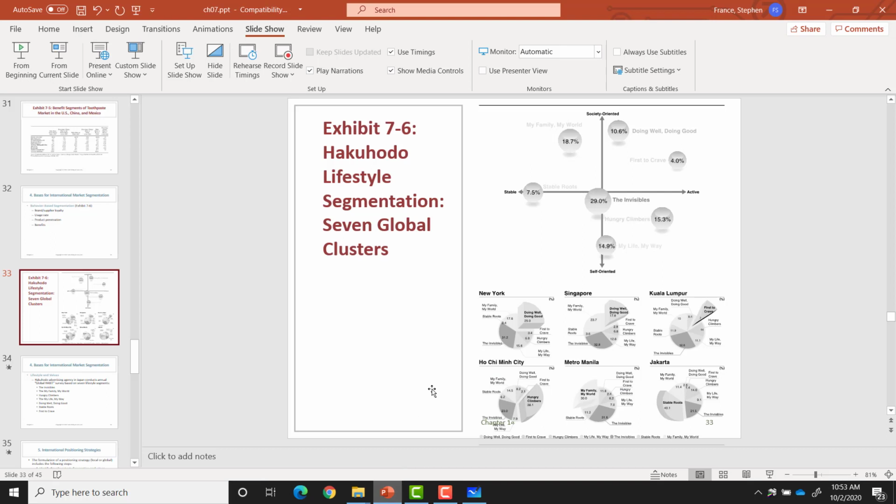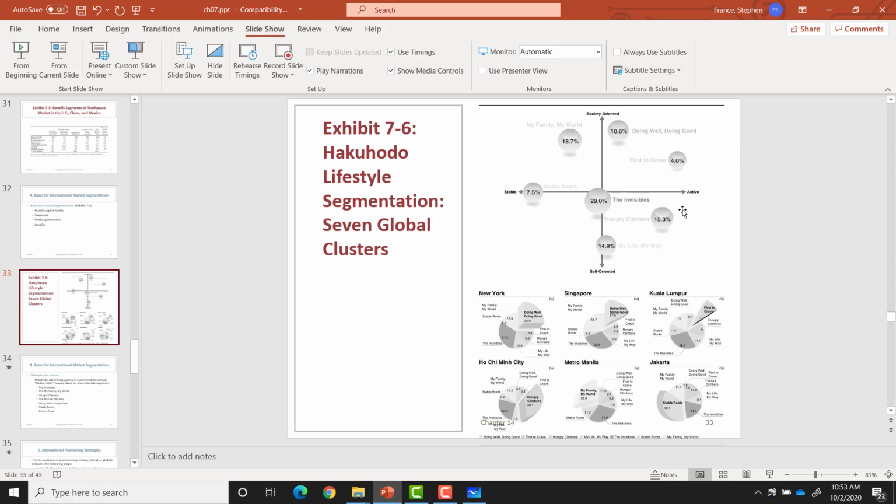So let's move back to the slides. Again, based on your feelings, particularly in beliefs and where you live and what you do, we have these different segments of the population. So we've got doing well, doing good, I'm guessing these are people who are attached to work. My family, my world: this is more of a traditionalist segment. My life, my way: this is more of the hedonist segment. They're more self-oriented. And we've got here from stable to active.